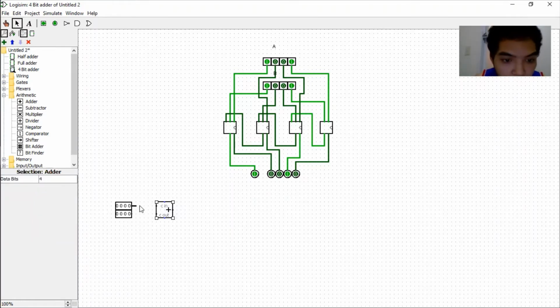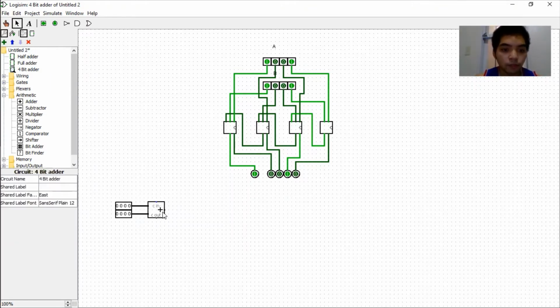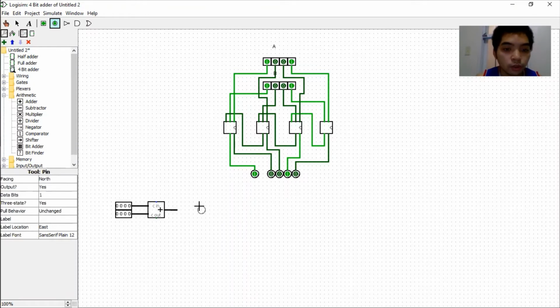So we connect it. This is the input, and this will indicate the output. The output should also be in 4-bit.